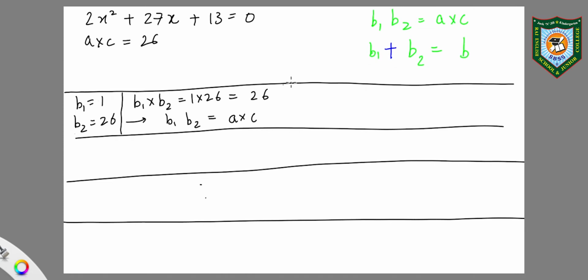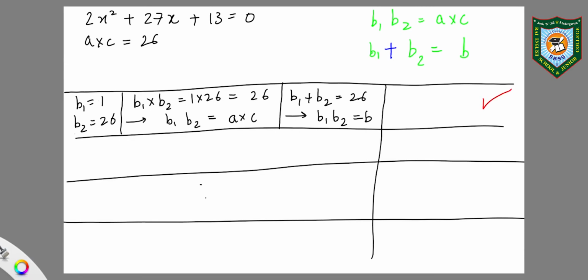Now once I have established this, b1 plus b2 is equal to 26. So this implies b1 plus b2 is equal to b. Now as both the conditions have been satisfied, that means this column has to be ticked. That means 1 comma 26 can be the factors.